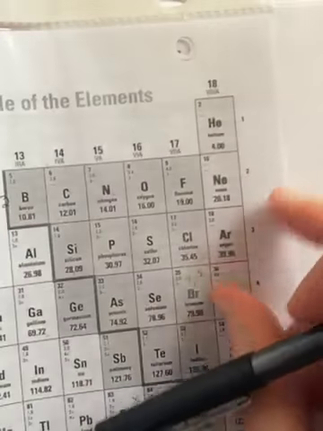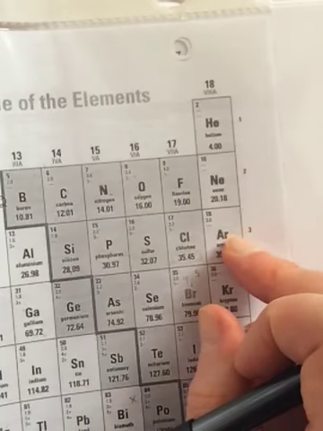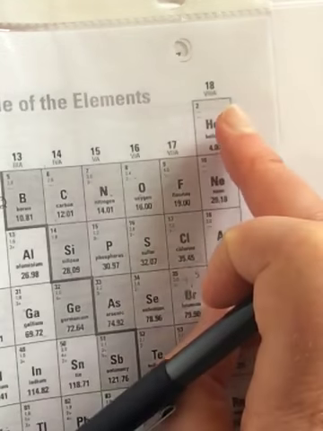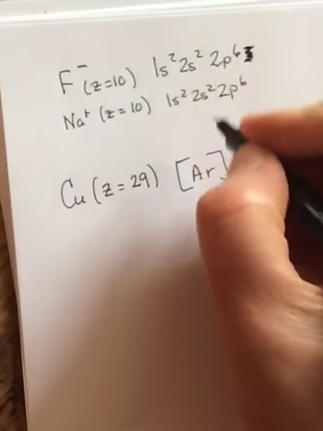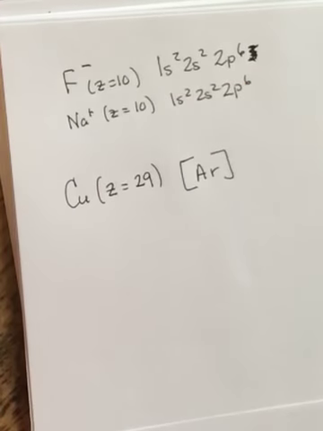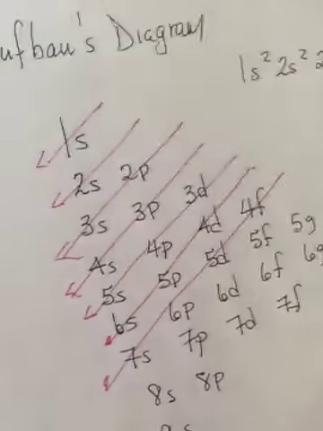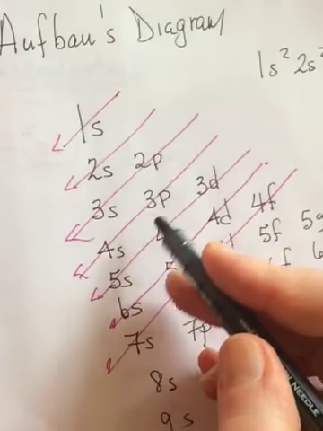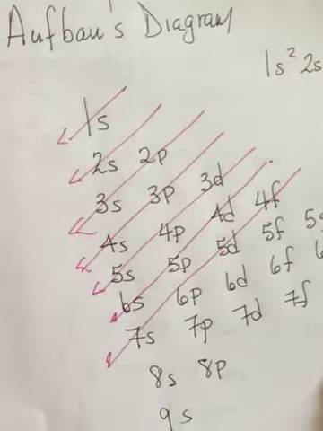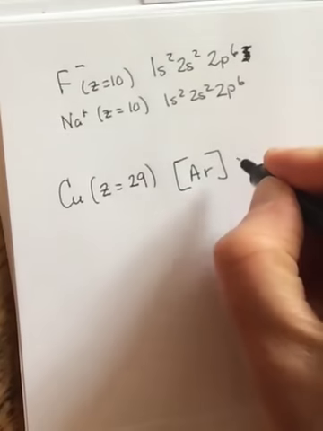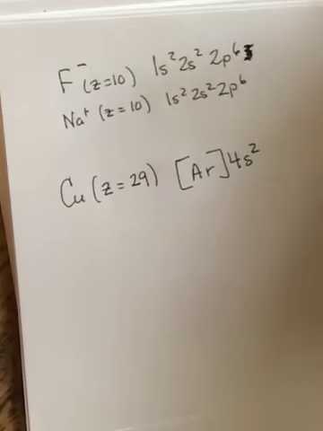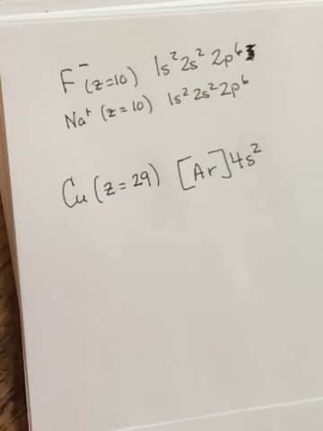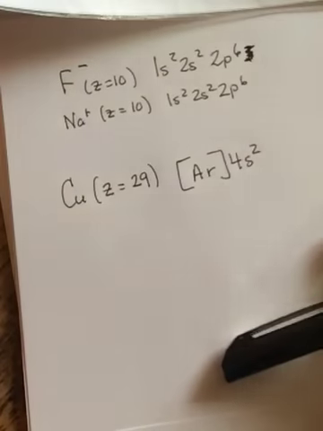Knowing that argon ends in 3p6, you find your Aufbau diagram and say, after 3p6 comes 4s2. And we said argon was 18, so that makes 20.